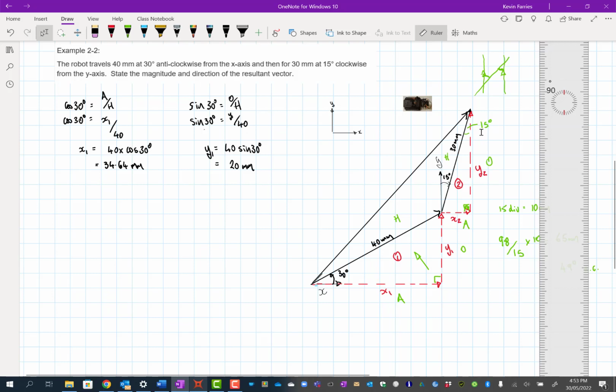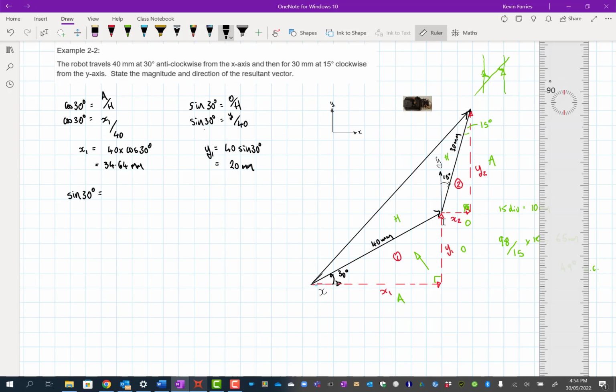If we had used this angle, then this would have been opposite and this would have been adjacent. So when we're calculating x, we'd have been using opposite over hypotenuse, which would be sine. And so that's why I always write this out. Depends on the problem. Sometimes you can end up with sine being needed to calculate the x value. It just depends on what angles you're using.